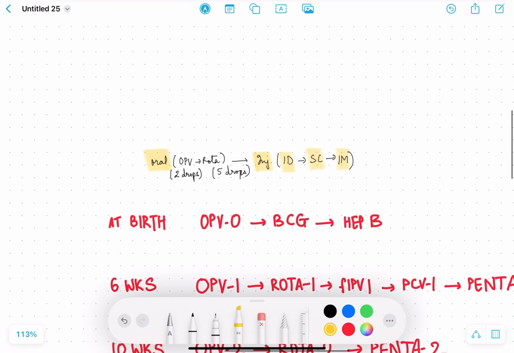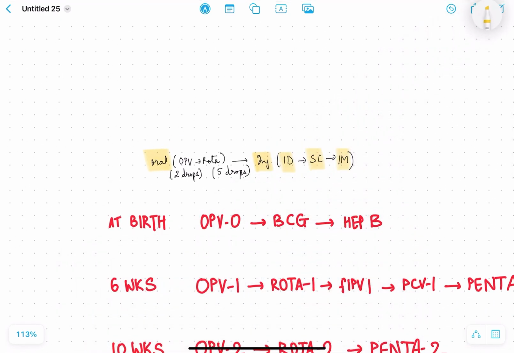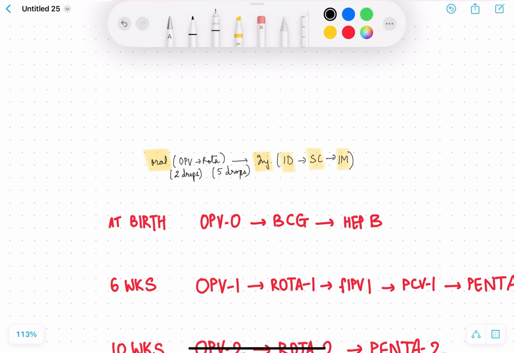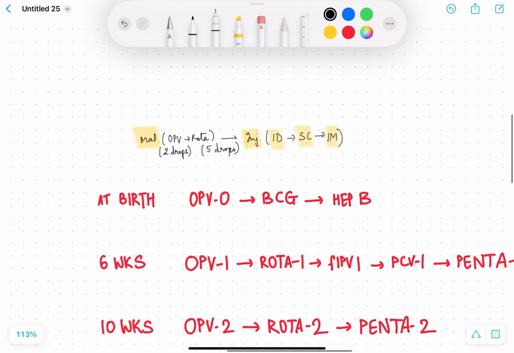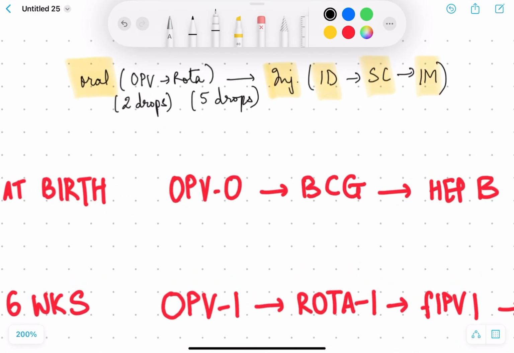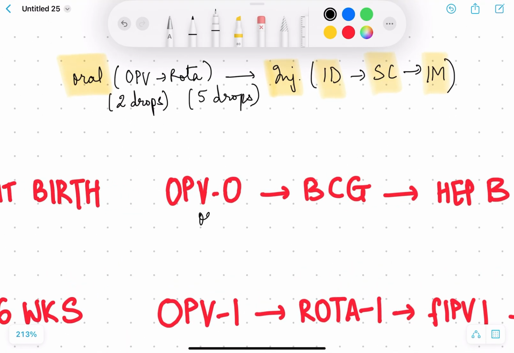So when a child comes to you at birth, you want to give them the 0 dose of OPV, and you want to give them BCG. So 0 OPV is obviously going to be oral 2 drops, right? Then you want to give them BCG, which is for severe complications of tuberculosis, right? That you want to give them on the left upper arm.